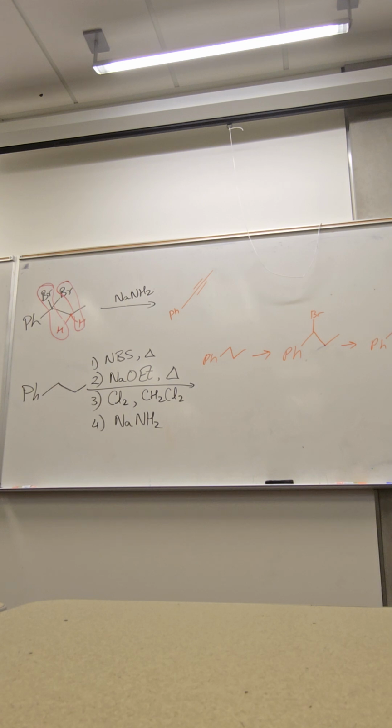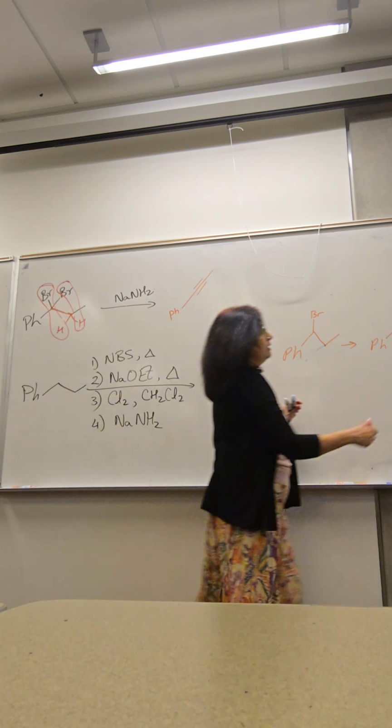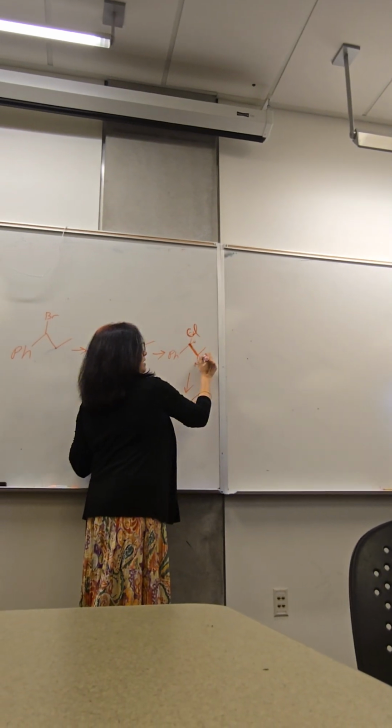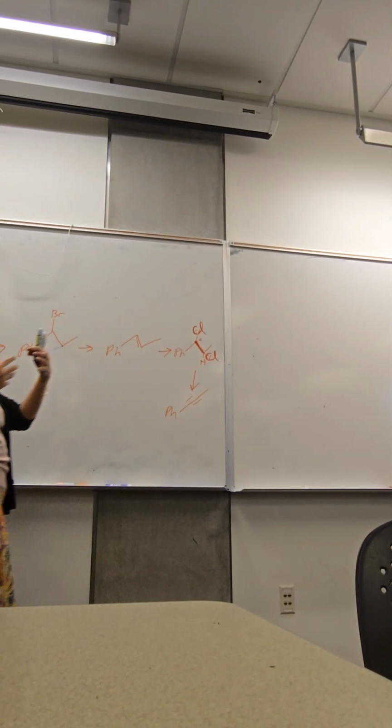But the Brs are here. You're saying double bonds there? But the two Brs are here. That's your one E2, and then that's your second E2. The triple bond is between the carbons that have the two Brs.